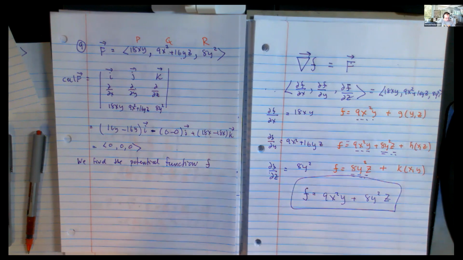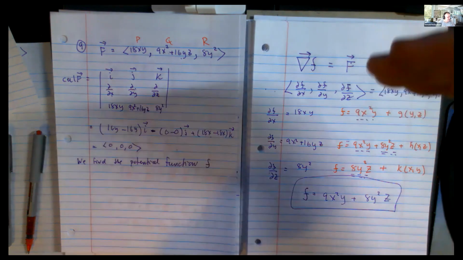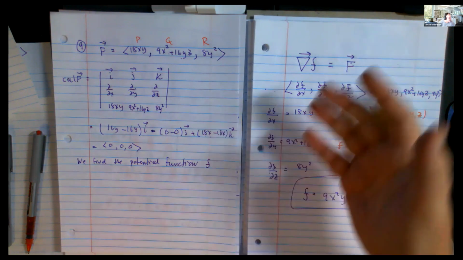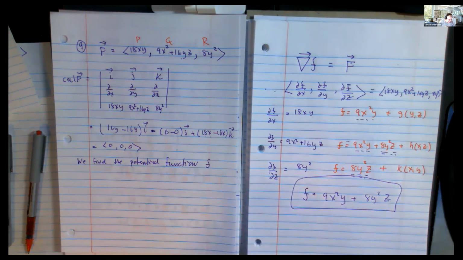So what we've done is we've expanded the 2D line integral idea into 3D. So now we can find line integrals in 3 dimensions, at least for conservative fields. If it's not a conservative field, we can still do it. We'll just do parametric like we did before.